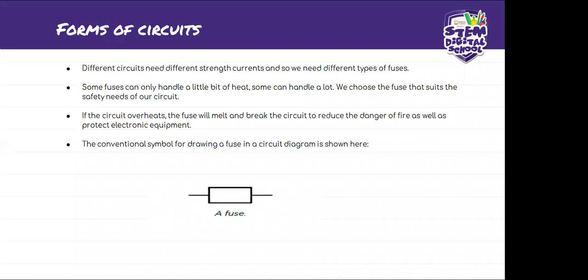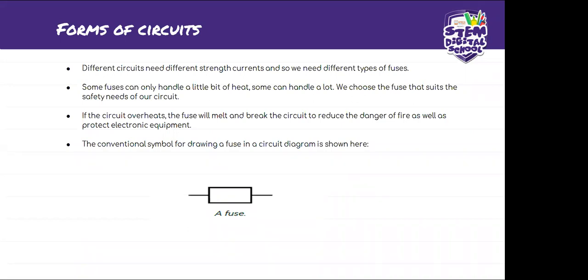But the role of the appliance will determine the type of fuse that we are talking about. There are some appliances that need a very large amount of current. So it will have a different fuse compared to those that take just a small amount of current.